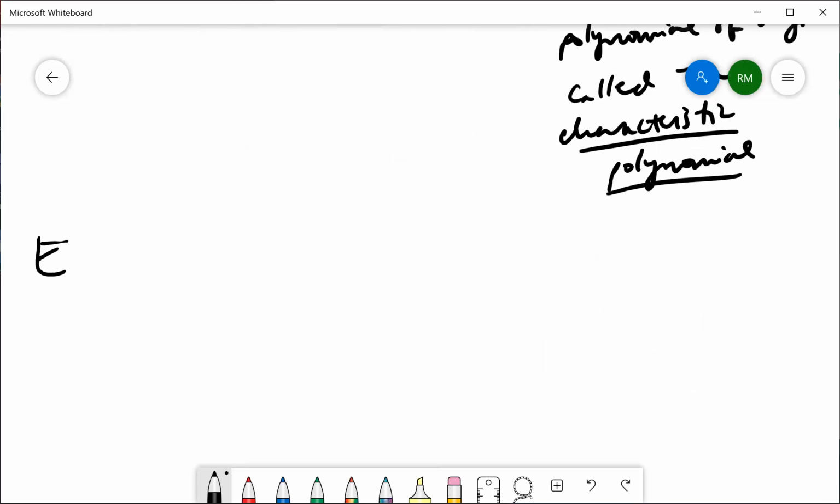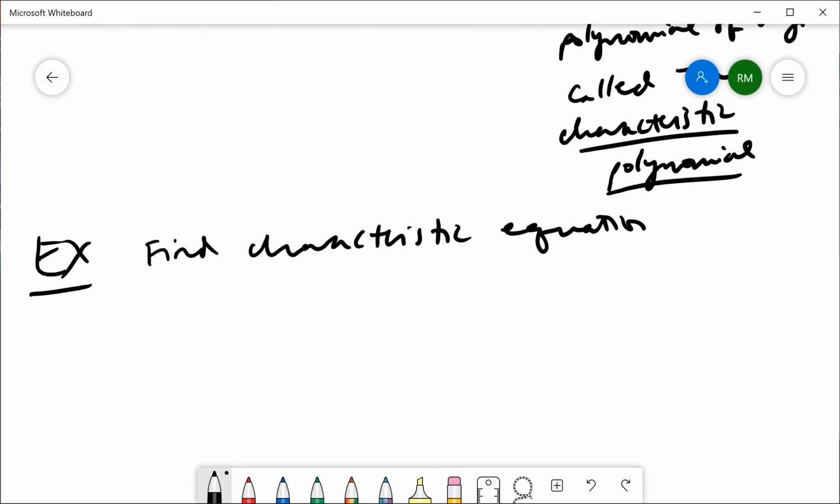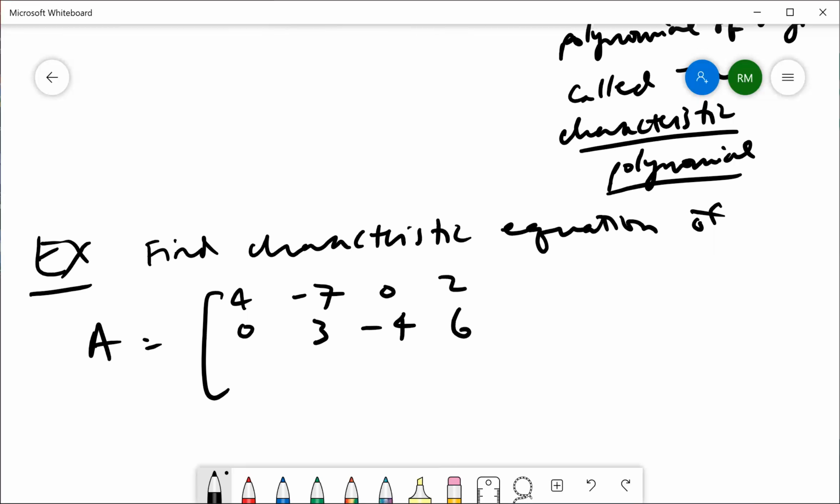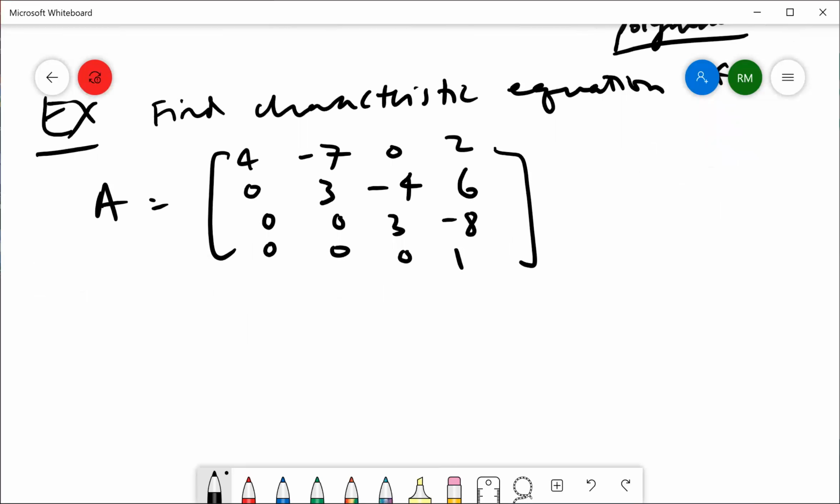So let's do an example so you can see how things work. Find the characteristic equation of the matrix A with this. All right, well, that's not that hard to do.